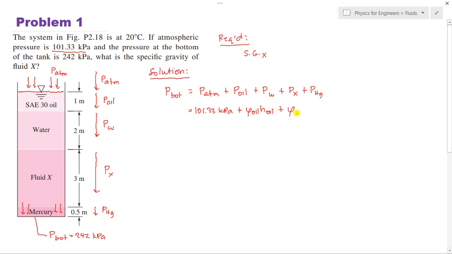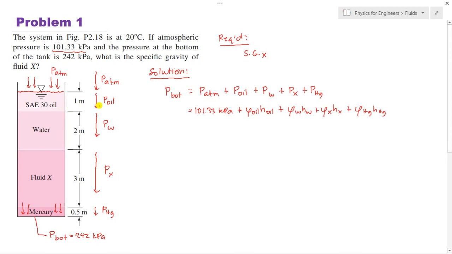Plus the specific weight of the water times the height of the water, plus the specific weight of fluid X multiplied by the height of fluid X, plus the specific weight of the mercury Hg multiplied by the height of the mercury Hg. So here, as you can see class, no constants were given for the mercury and the oil.